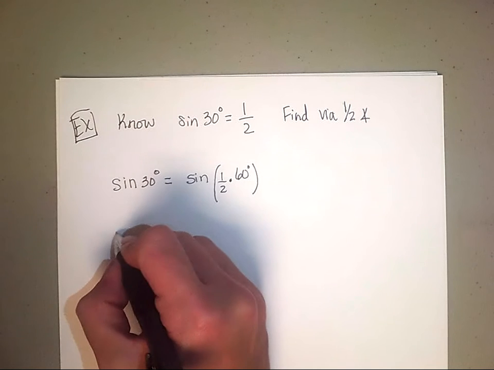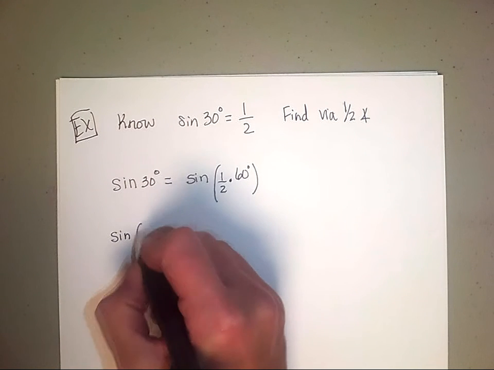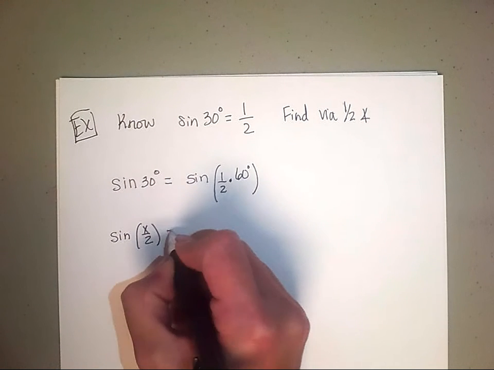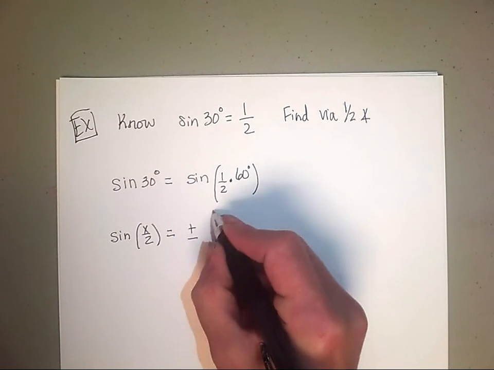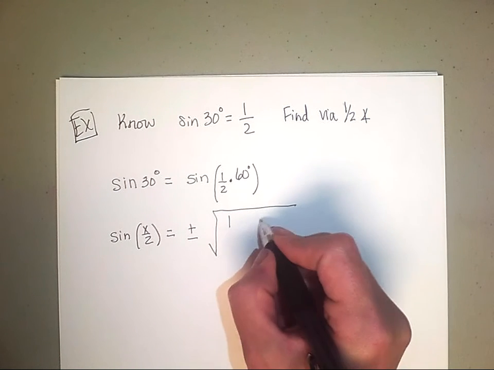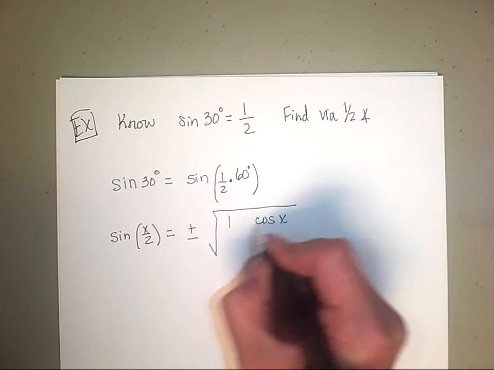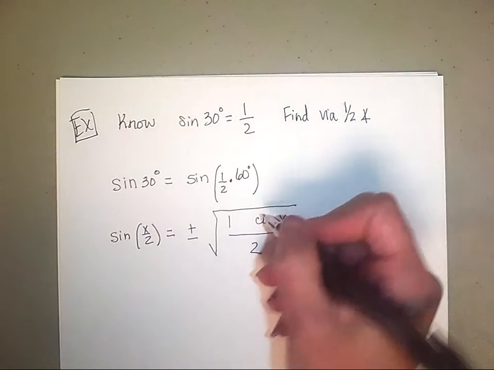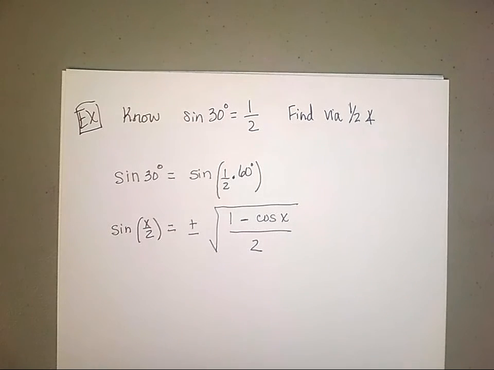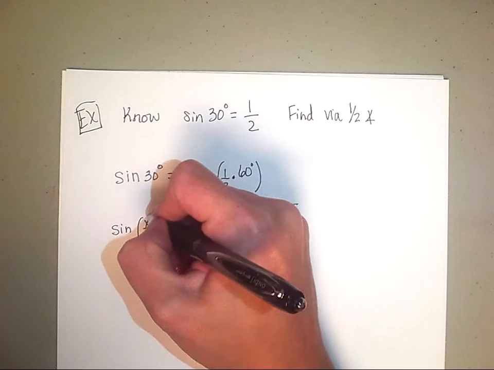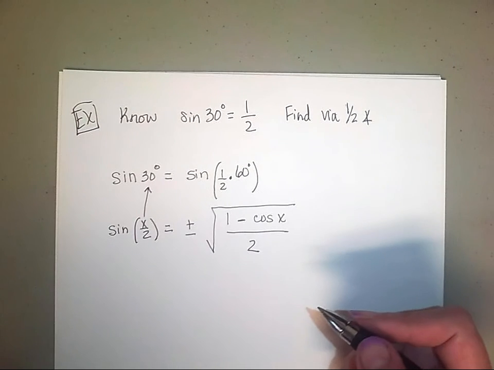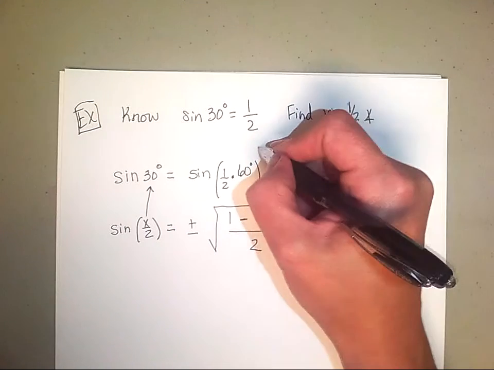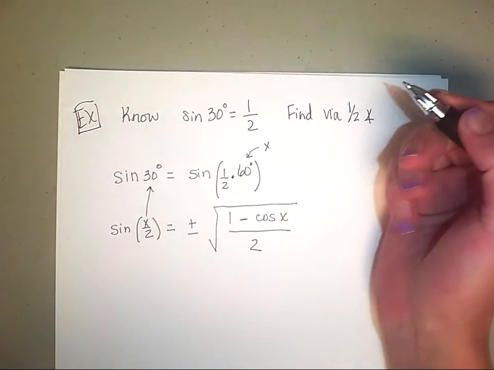Now remember the sine of the half angle is equal to plus or minus the square root of, we have a 1, a cosine of just x, all divided by 2, and then we have to remember that it's a minus in here. Okay. So this is x over 2. Right. This is the single angle x.